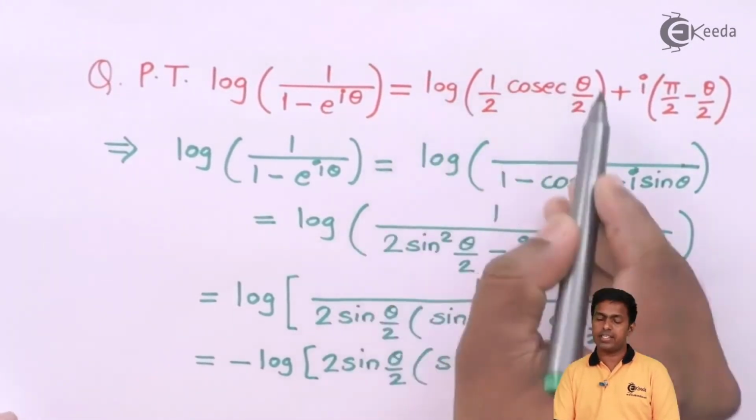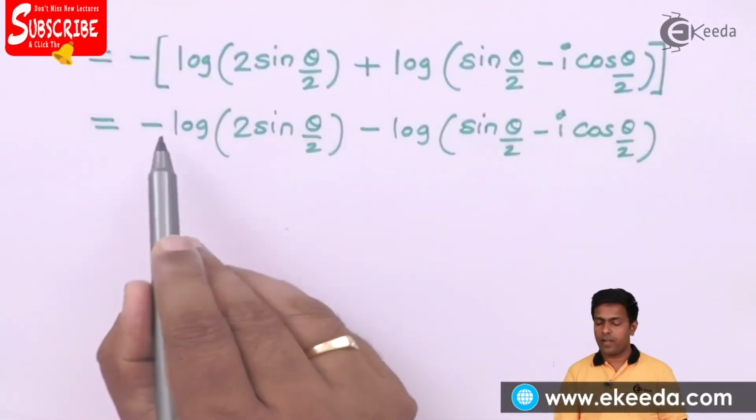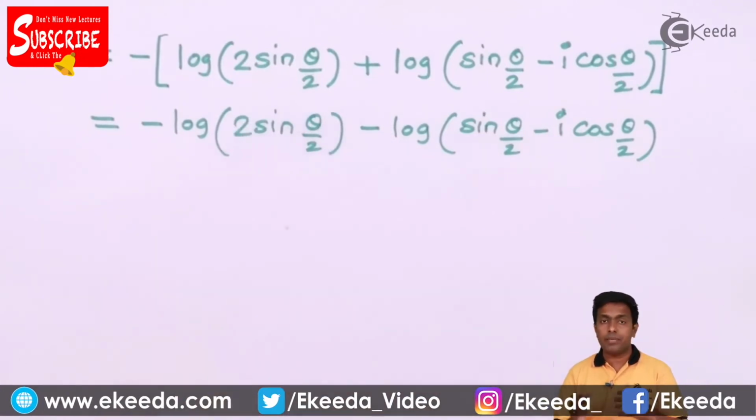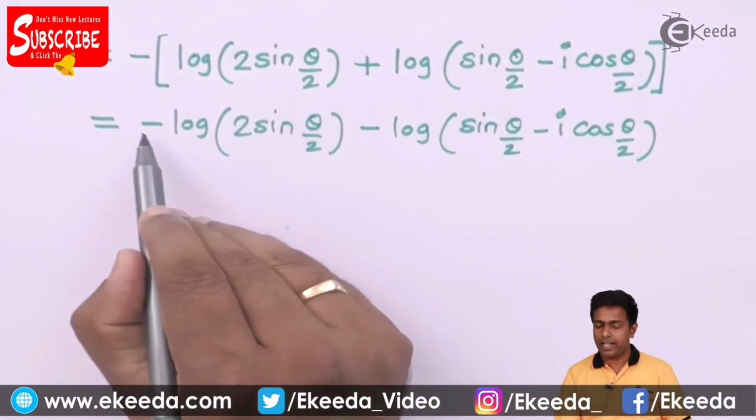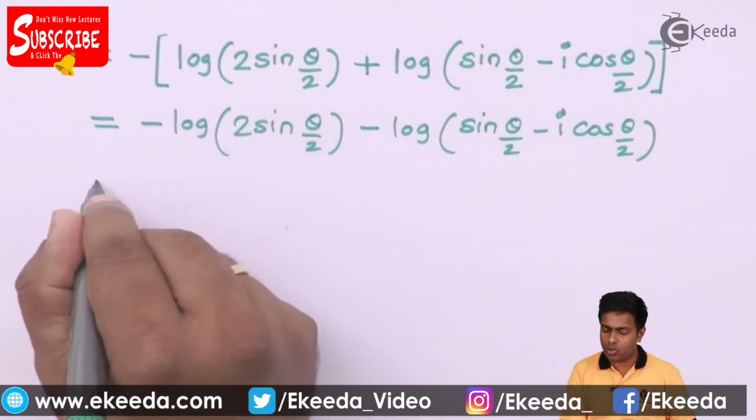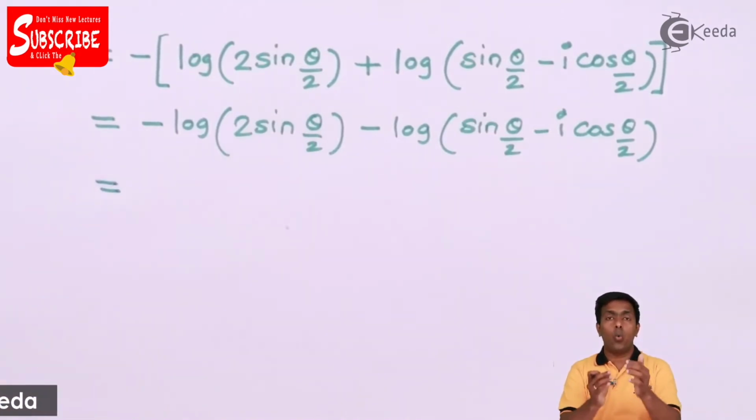Now guys, here we have a negative log, so let's assume this bracket as x. It means we have negative log x, and just before I said that negative log x is always equal to log of 1 upon x.